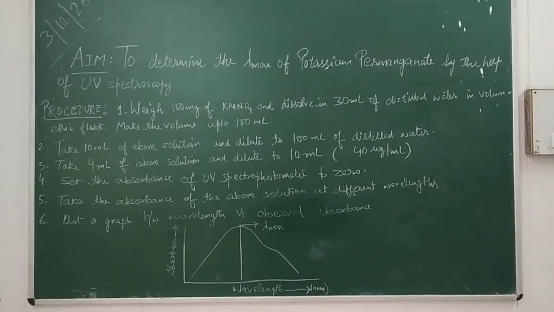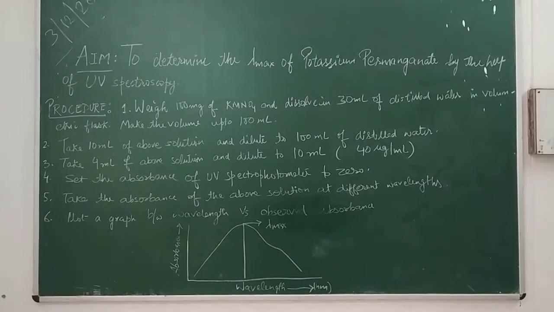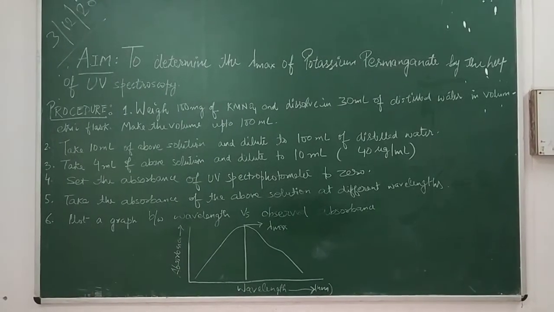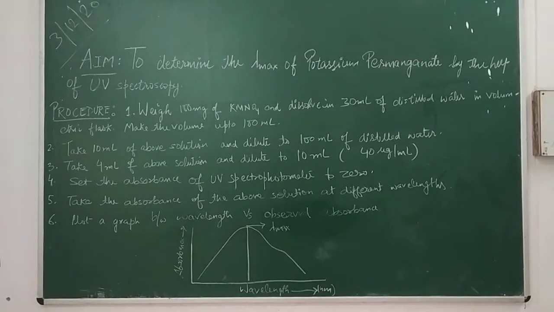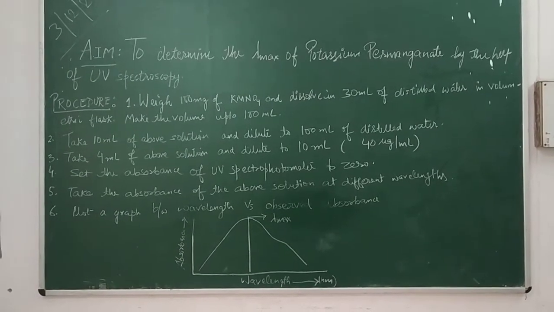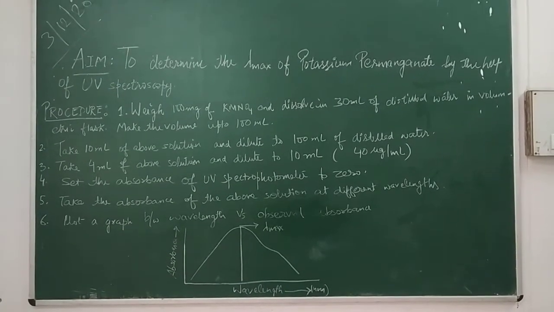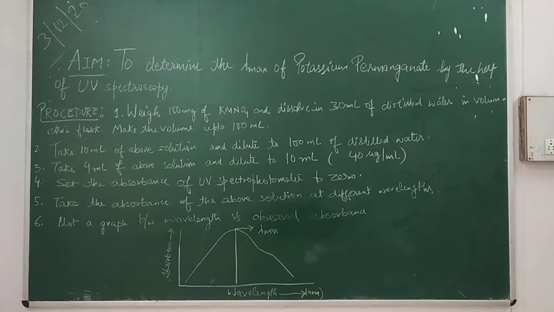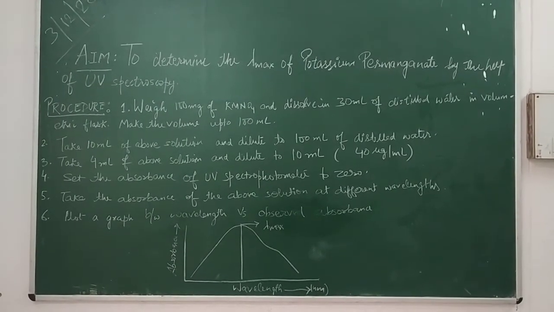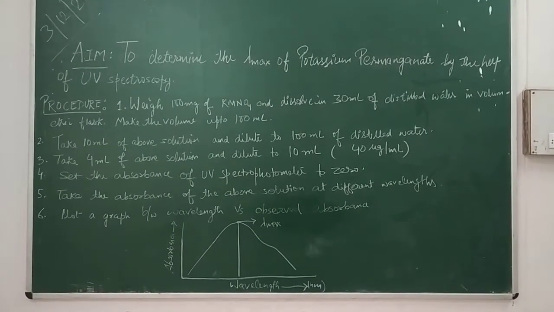For example, if there are 100 molecules of any substance in a solution, and 90 of the molecules absorb at 350 nanometer and 10 of the molecules absorb at 400 nanometer, then 350 nanometer will be the lambda max of that particular chemical. So the basic difference is that lambda max is that wavelength at which the maximum number of absorbing species absorb.